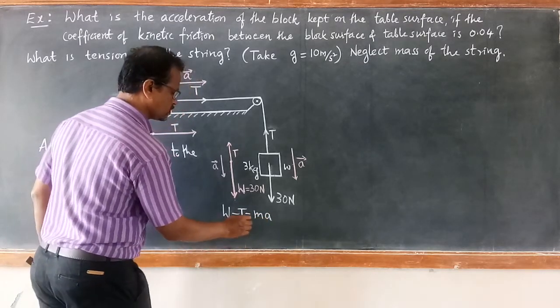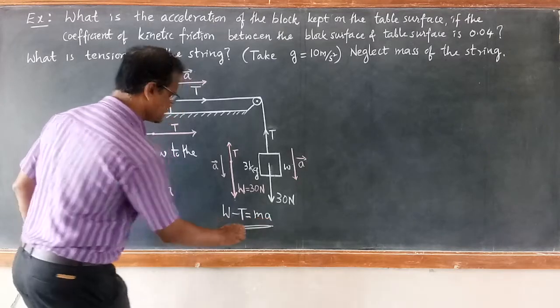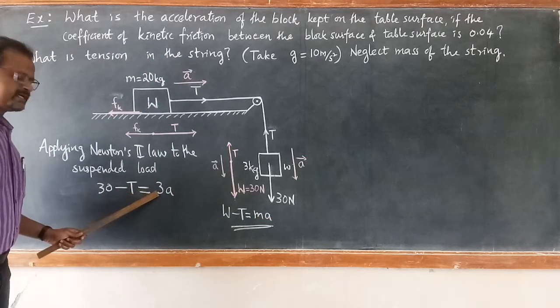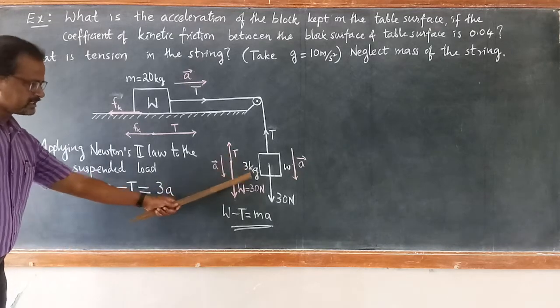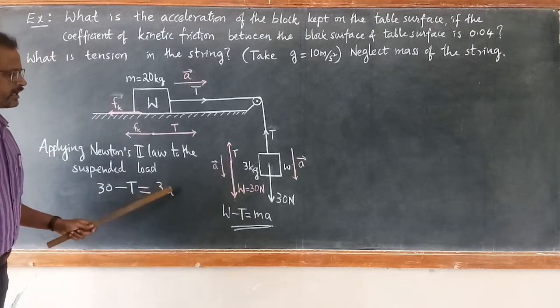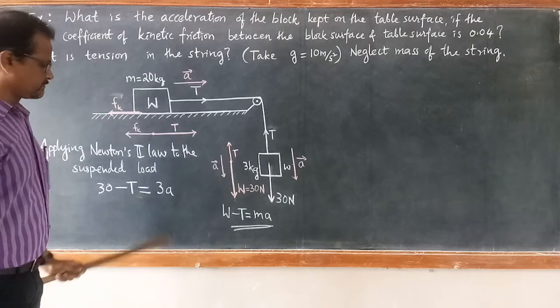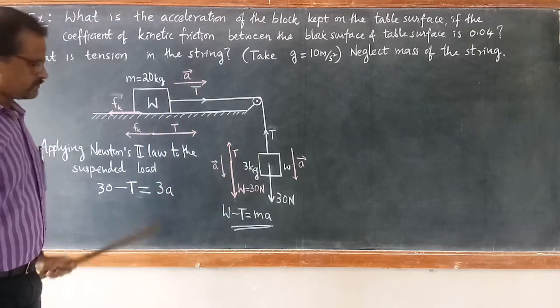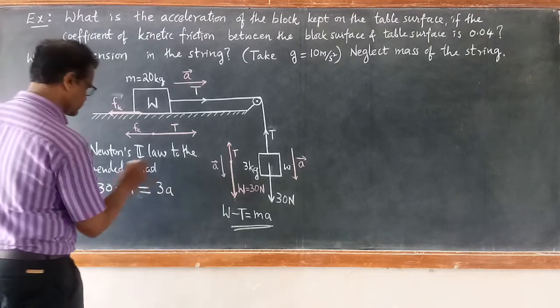Using this, W is 30, T is the tension, and m is the mass of the block, that is 3 kg, into a, where a is the acceleration of this block as well as this load. So this becomes equation number 1.